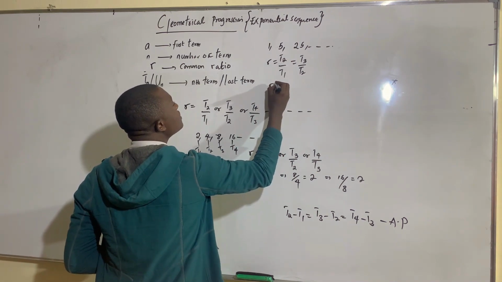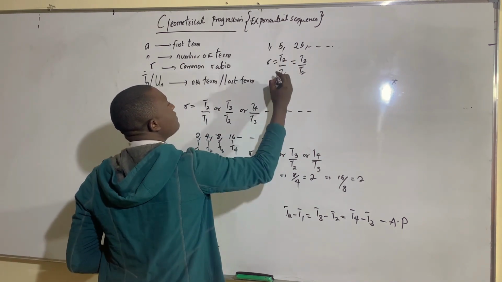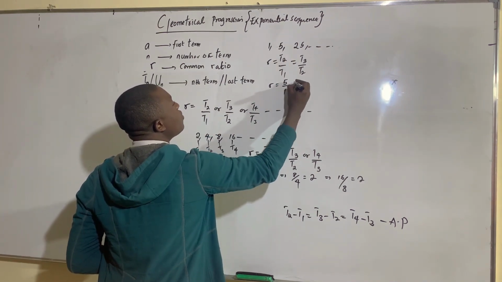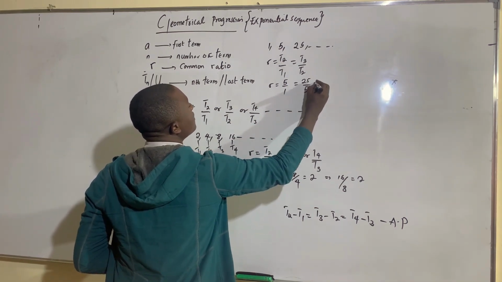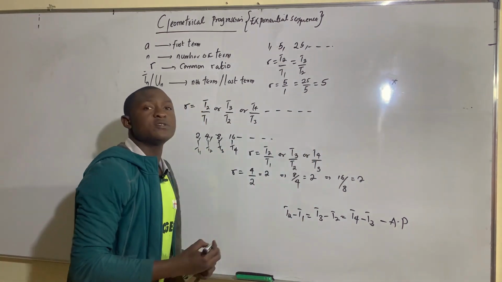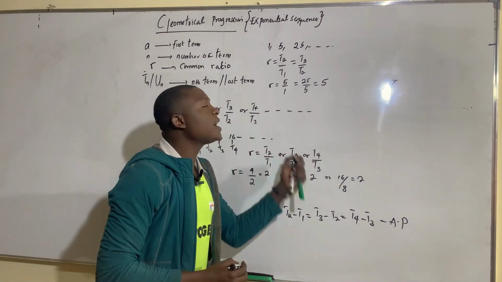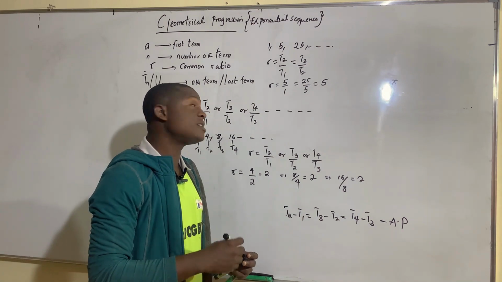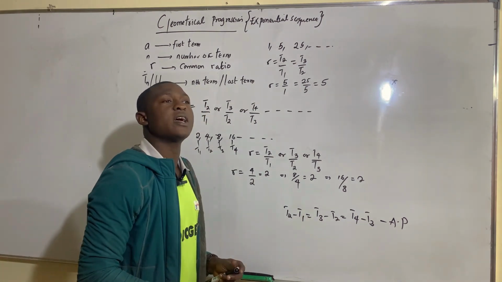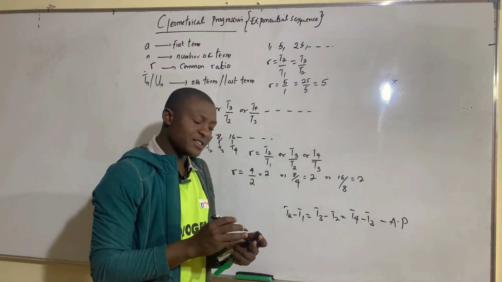So if I substitute, the second term we have here is 5, so that's 5 over 1. The third term here is 25 over 5. Of course, this is going to give us 5. Either we apply the first one or the second one, 5 is the common ratio. If it's an exponential sequence to be precise, it is going to give us the same result.